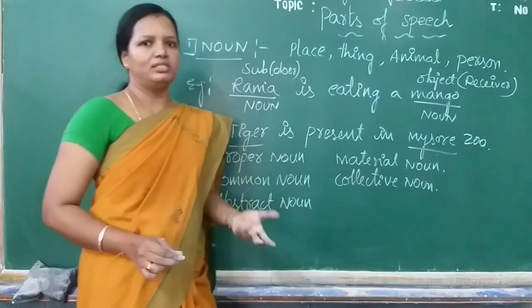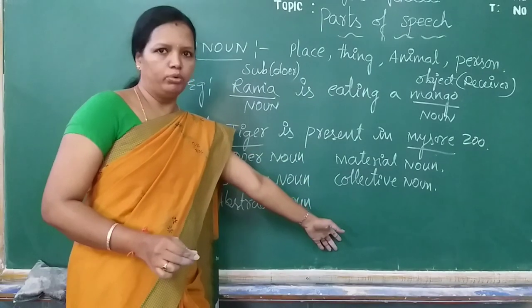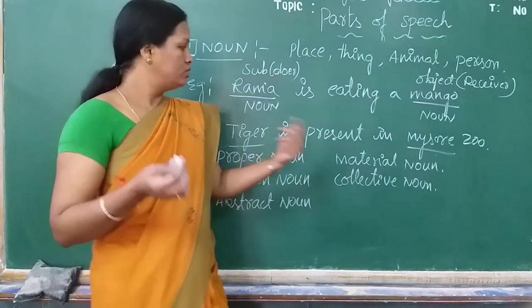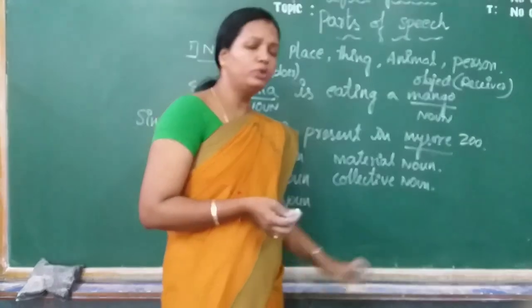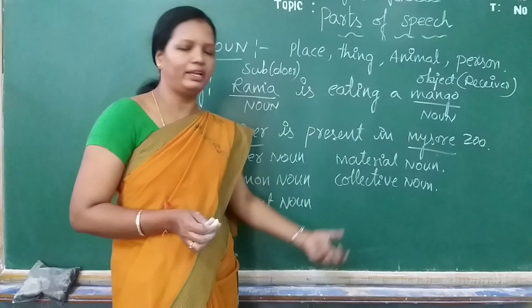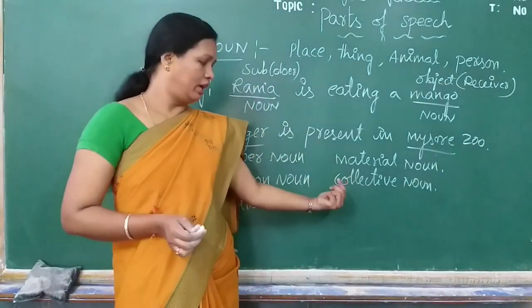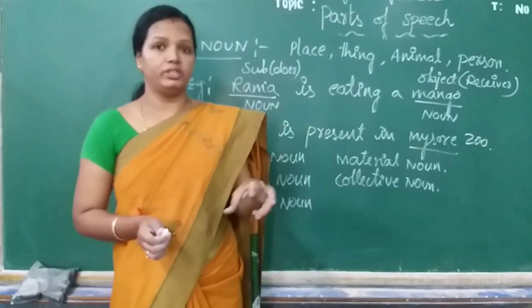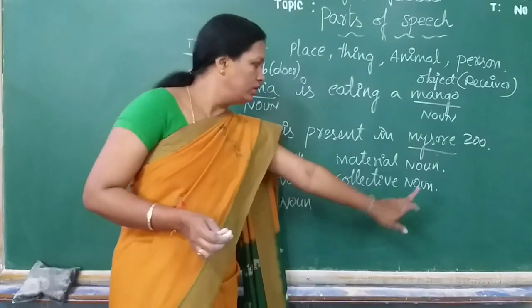So any material, say for example, gold, silver, bench, a blackboard or a chalk. So these are all the material nouns. Next is collective noun. Collectively, we will add a few nouns together. That is, for example, a group of flowers, we'll call it a bouquet, and a group of soldiers, we'll call it an army. So this is how the collective noun is considered.